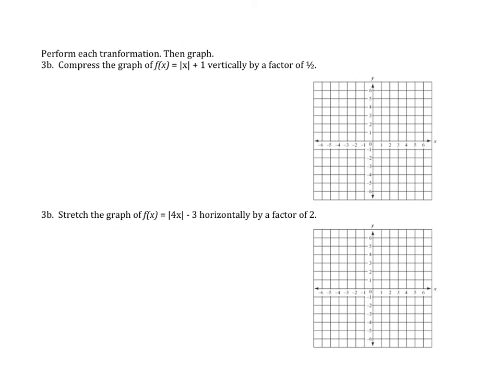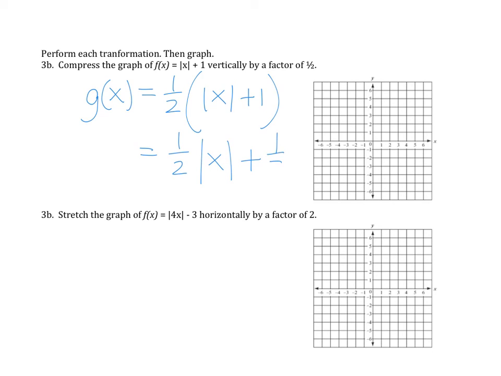Trying the next one. Compress vertically. When you compress vertically, you take the factor times the whole function. And I think we're going to forego the graphing portion and just see if we can come up with the new function.